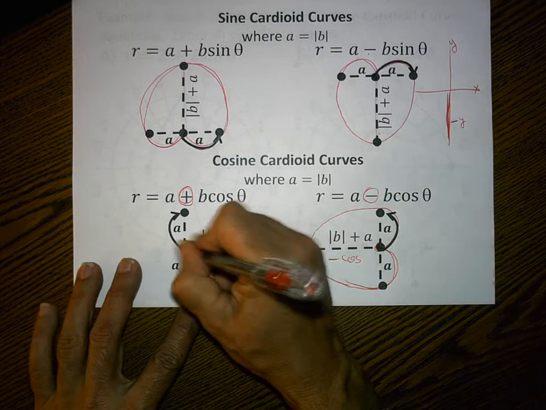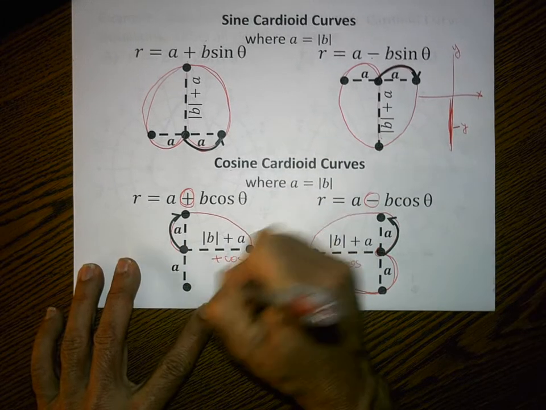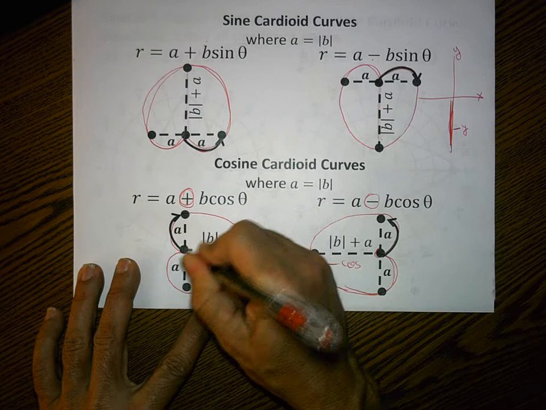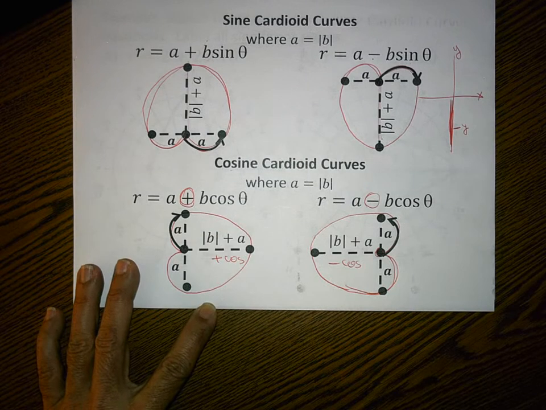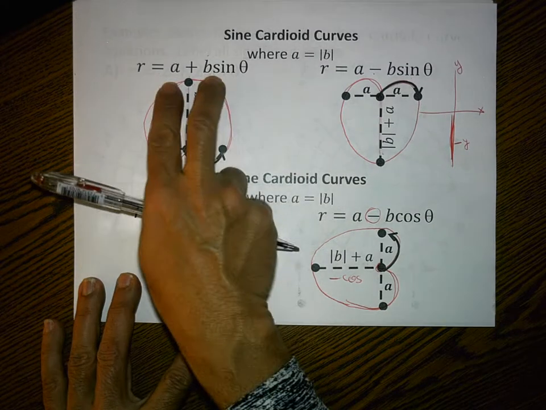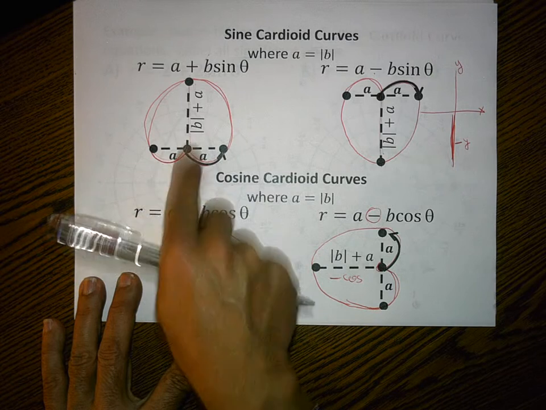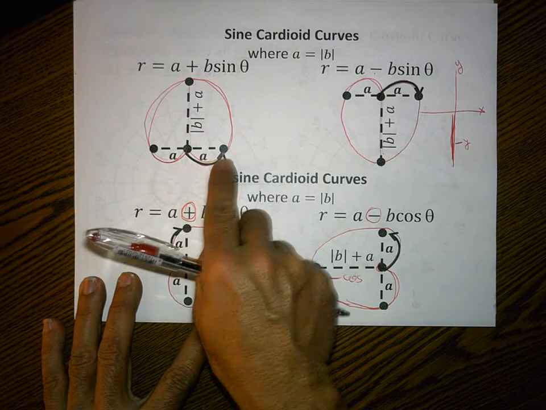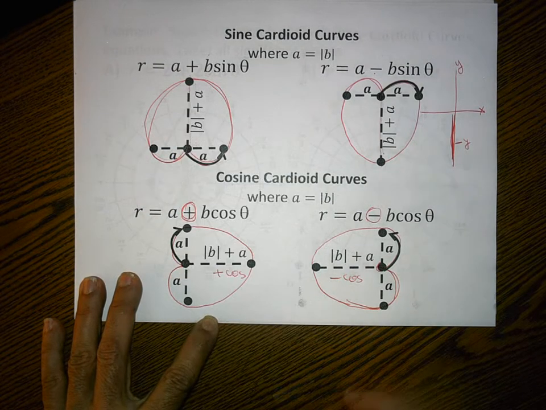This one would be a positive cosine, and it would end right here at the starting point. So that's what a cardioid looks like, as long as you do A for the top part or the bottom part, and then A plus B for the longer part of the cardioid.